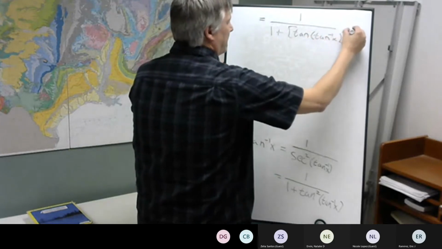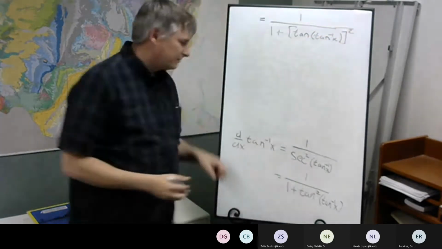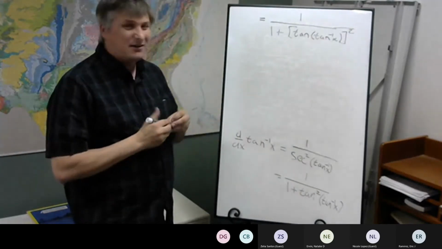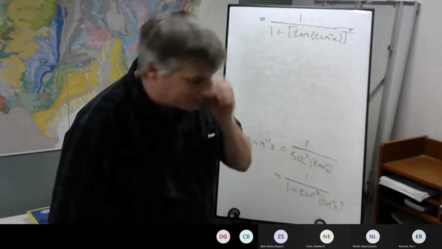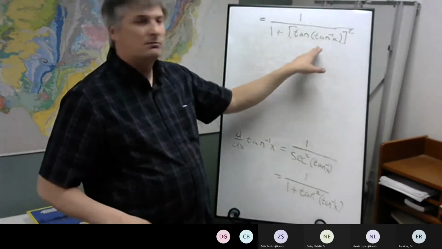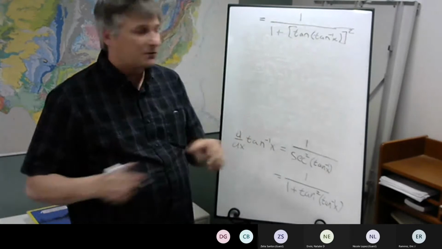Because when you square a trig function like this, this is what it really means. Now to save time, because I know we're eating up time here, tangent and tangent inverse are going to cancel out, and they're going to give you x.